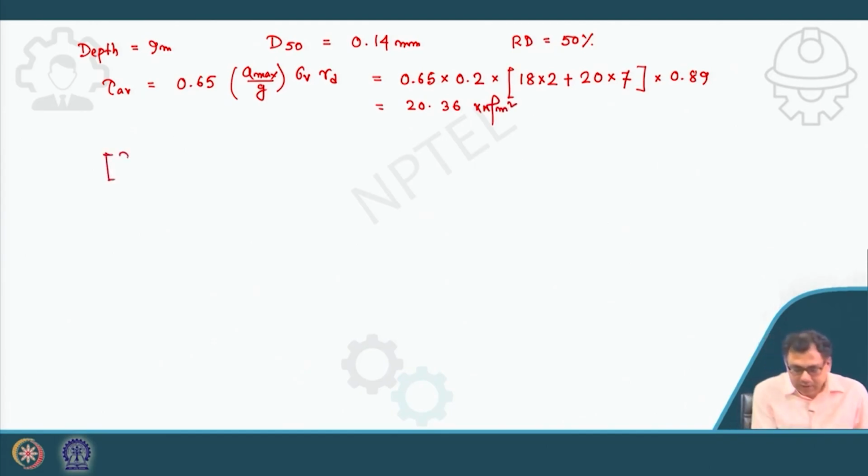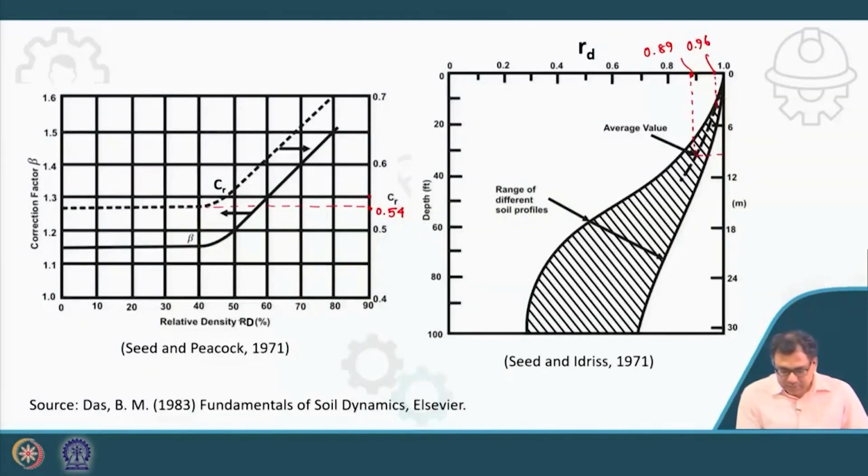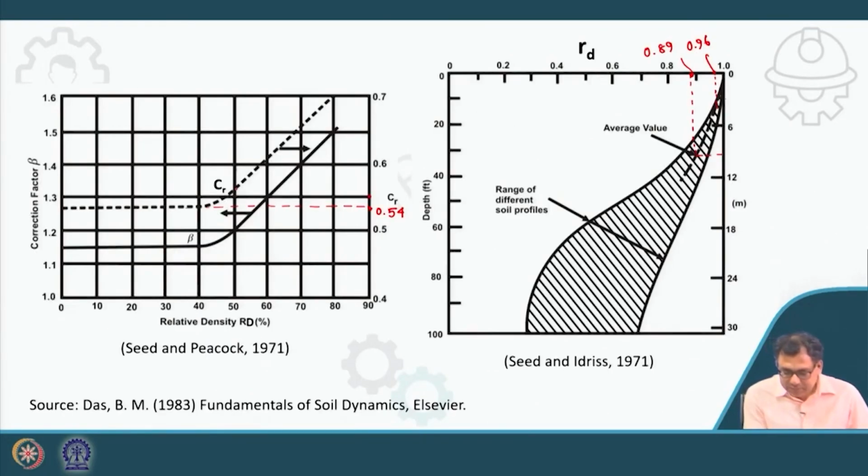Now I will calculate the tau A divided by sigma V bar for RD equal to 50%. So here how much will the CR value be? Now here my relative density is 50, so this is 50. The CR value is around 0.57, that is 0.55, 56, 57.